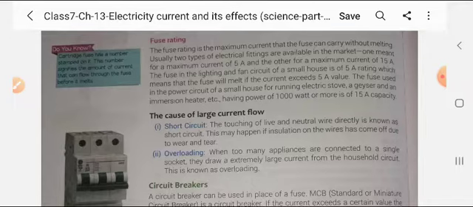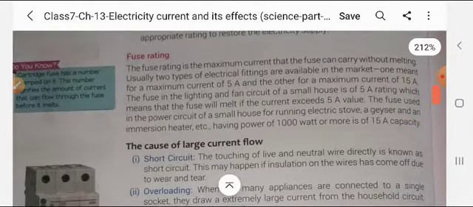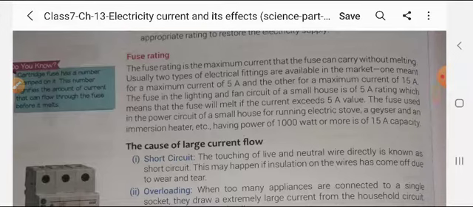So students, now my today's topic is fuse rating. The fuse rating is the maximum current that the fuse can carry without melting. Suppose the wire in that fuse is more powerful than the normal wire present in the circuit.